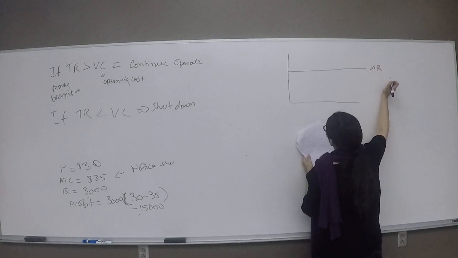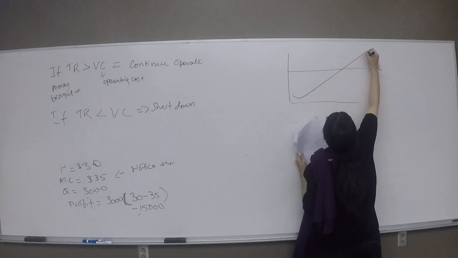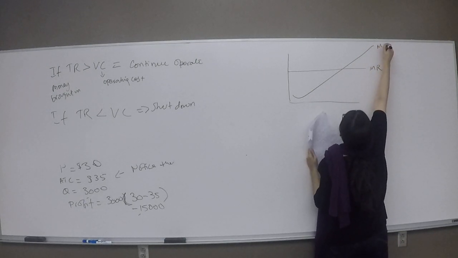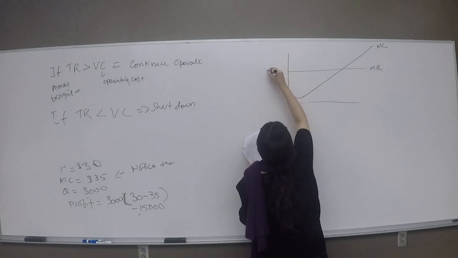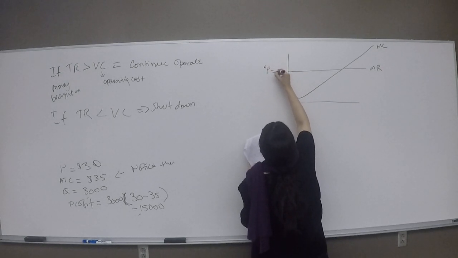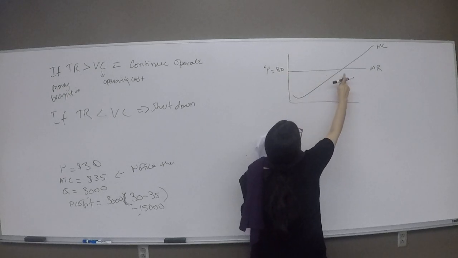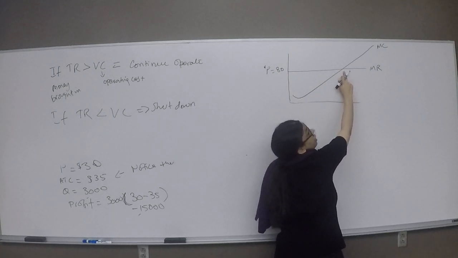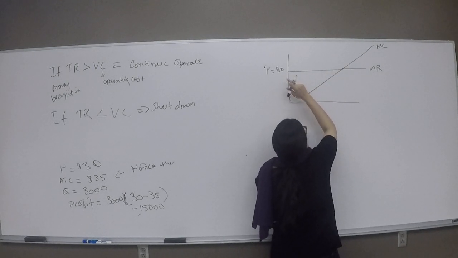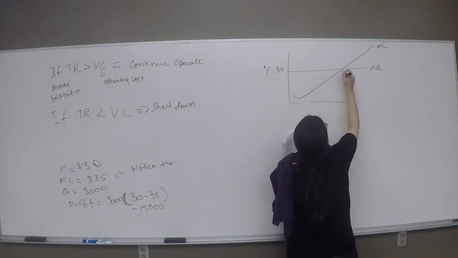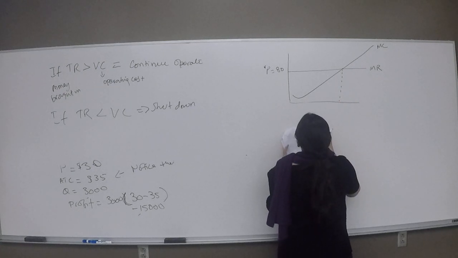This is your marginal revenue curve, your marginal cost curve. Your equilibrium price is $80, where marginal revenue and marginal cost are equal. That's your equilibrium point. Your equilibrium quantity is 1,000.